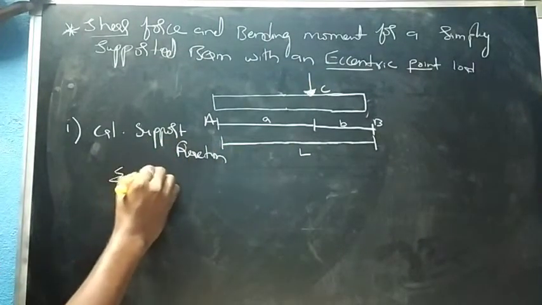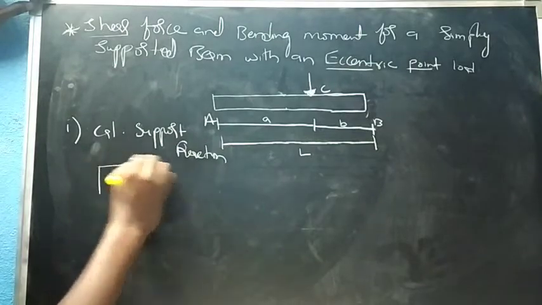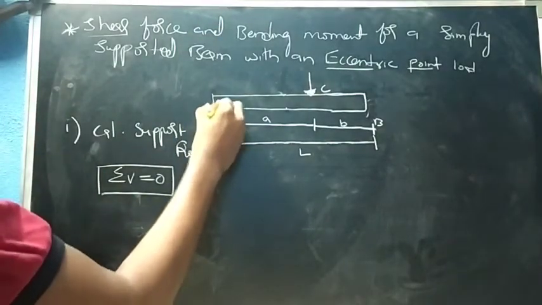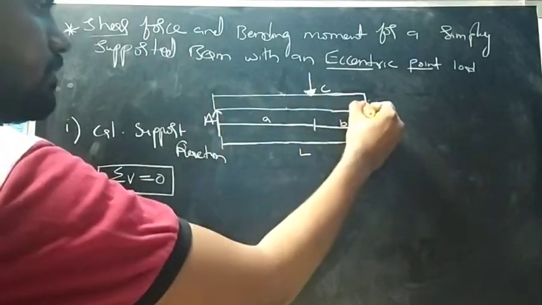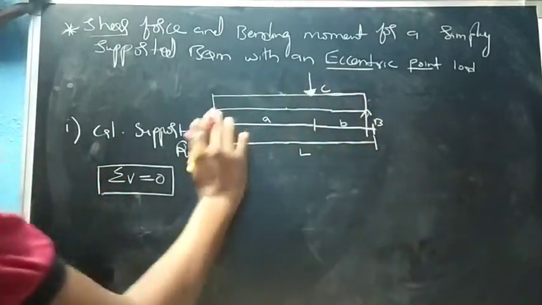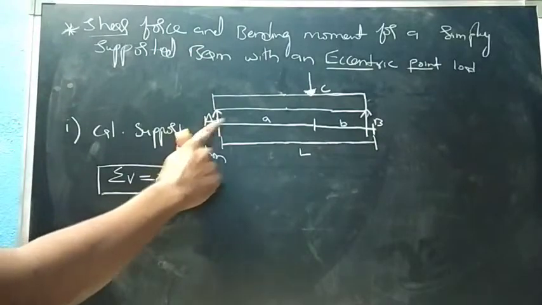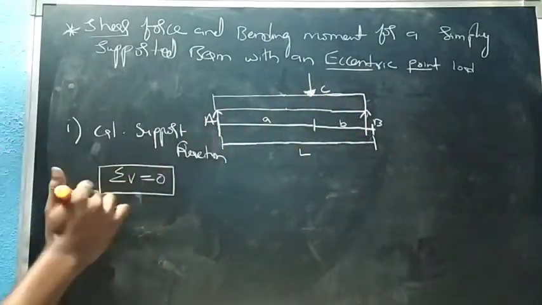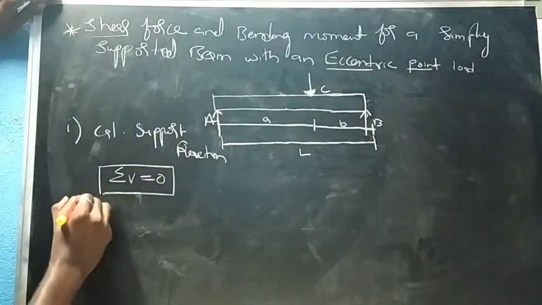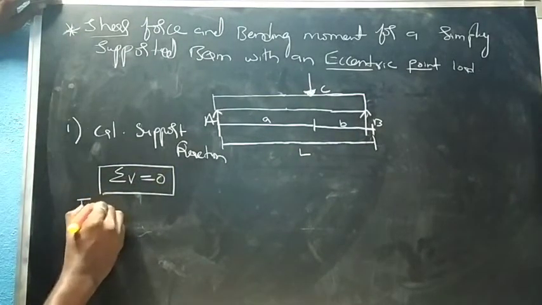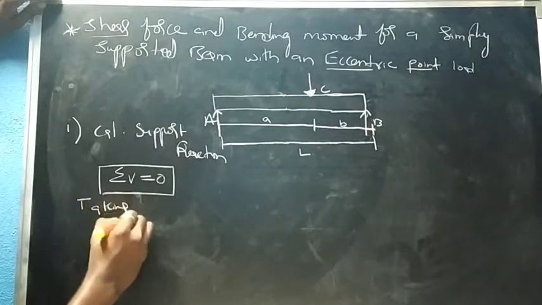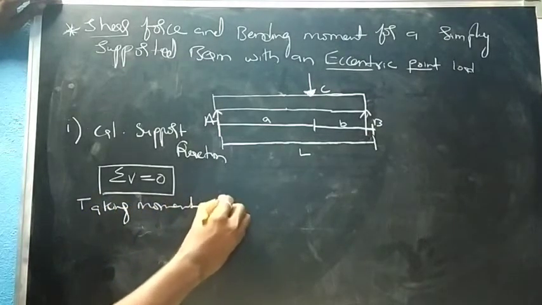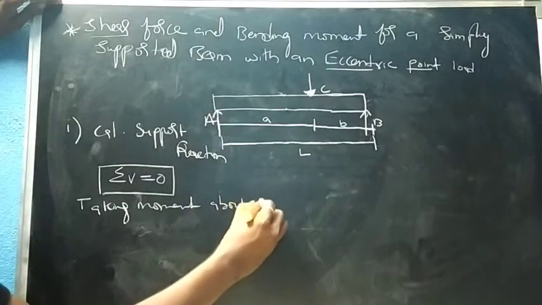Summation of all the vertical forces: since it's a simply supported beam, one side is a hinge and the other side is a roller, so we have two vertical reactions.